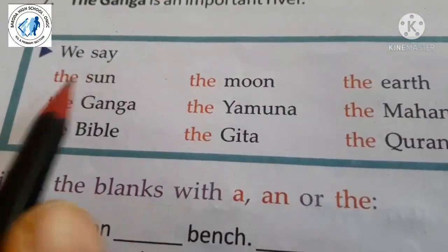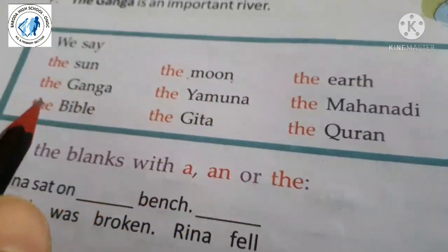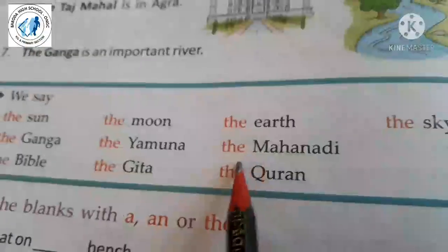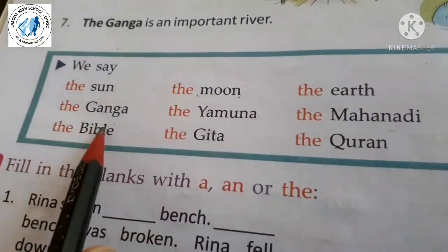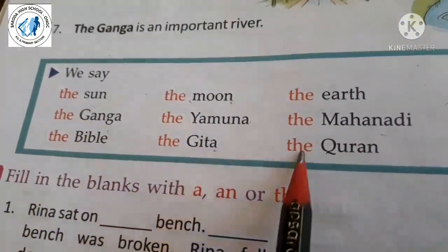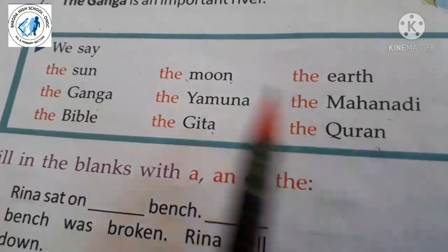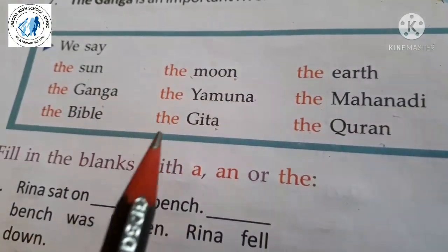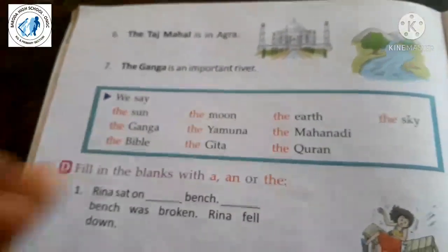See, we say the sun, the moon, the earth, the sky, the Ganga, the Yamuna, the Mahanadi, the Bible, the Gita, the Quran, right? These are also our holy books. So we keep the before all these words.